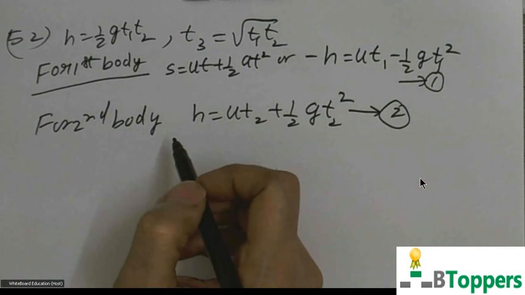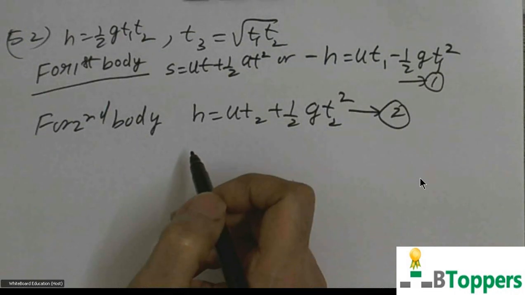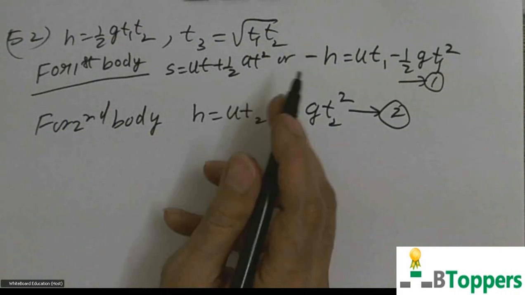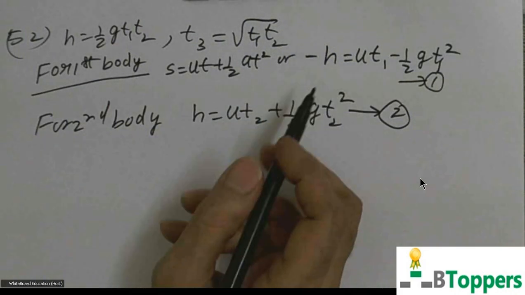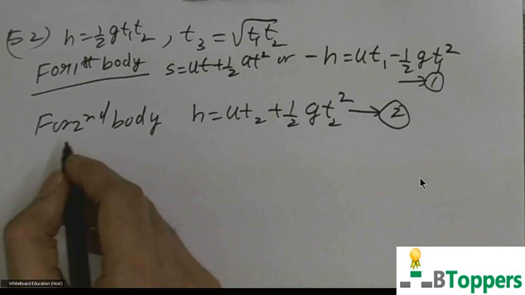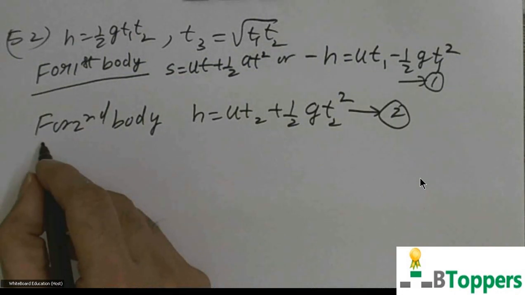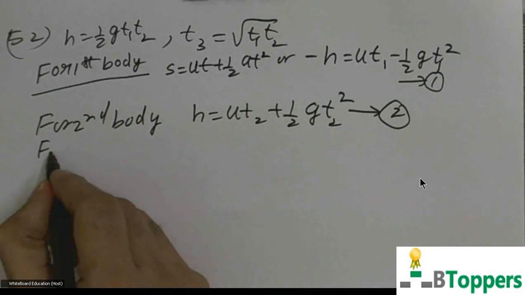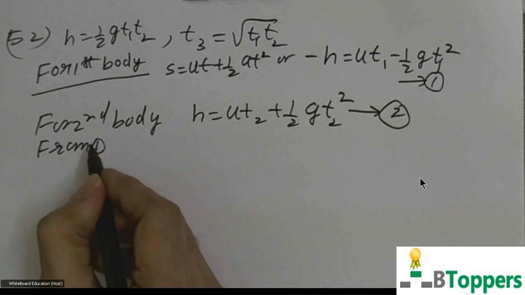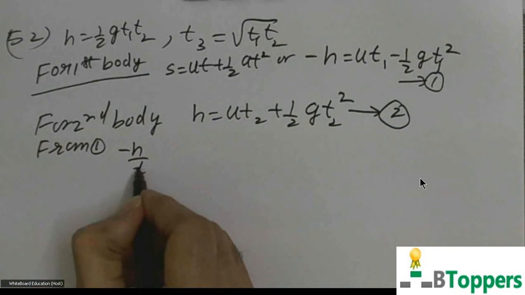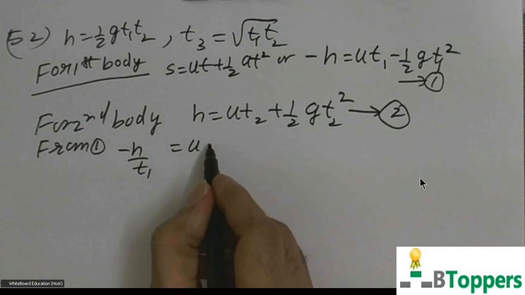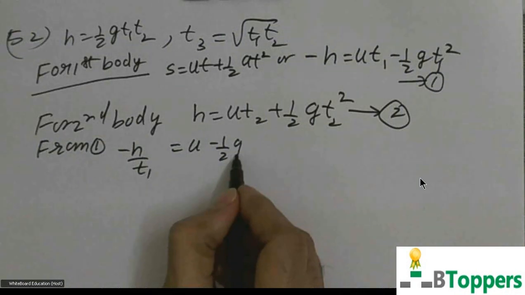To find the time taken by the body to reach the ground, you have to find the value of h. So to find the value of h, you have to eliminate the initial velocity u from the first and second equations. To eliminate the initial velocity u, you can make the terms in u the same in both equations. Divide the first equation by t1, you get minus h by t1 is equal to u minus half g t1.